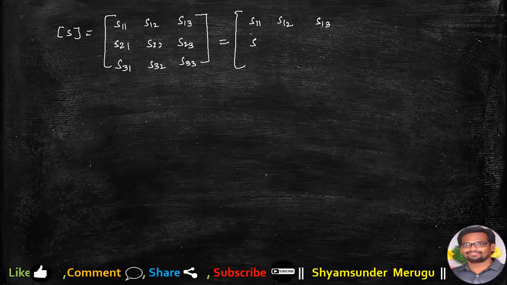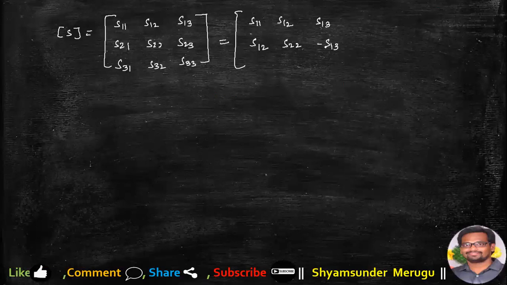Due to the symmetry property, S21 can be written as S12, then S22, then S23 can be written as minus of S13, because the output at port 2 due to port 3 will be out of phase with respect to the output at port 1, which is applied at port 3. So that we have seen already.